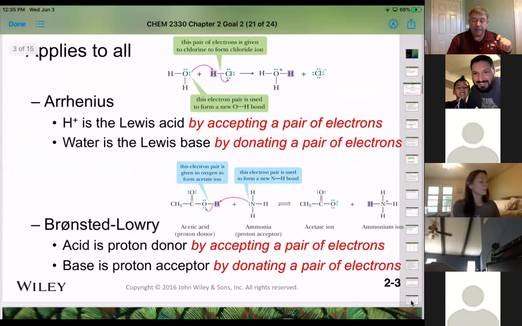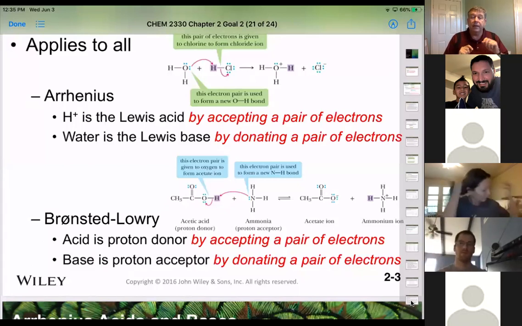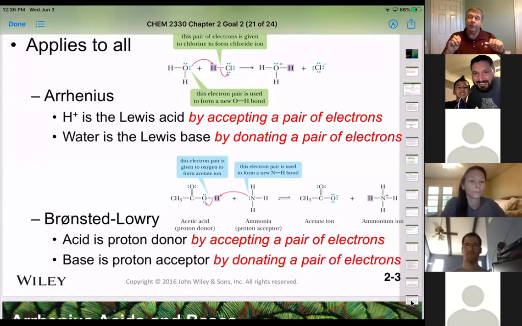So Bronsted-Lowry, the acid is a proton donor, okay? Because the acid is still the one that's accepting the electrons to bond to that hydrogen to pull it away from its acid. The base is still a proton acceptor, but it is the one that has the electrons that's forming that new bond. So they both still apply to the Lewis acid base, okay?